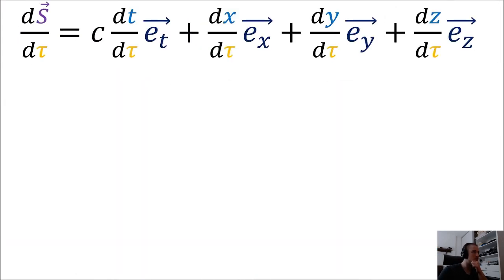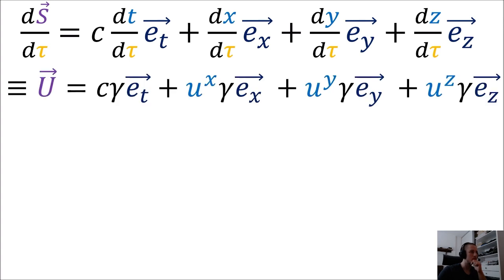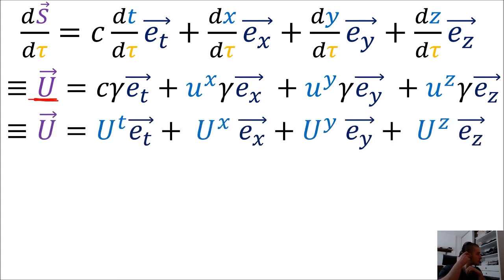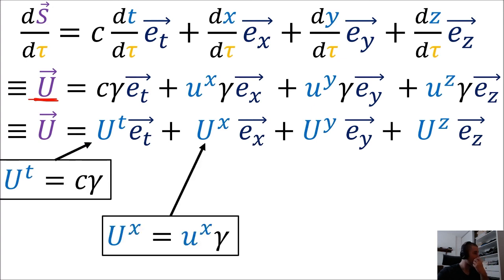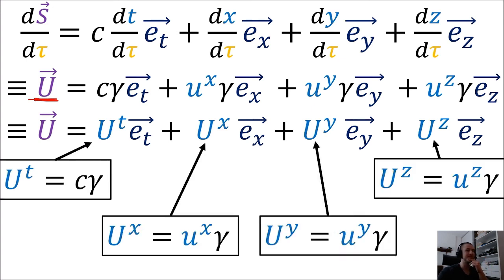So the derivative of the four-position s with respect to the proper time tau gives us a new four-vector called capital U, which is the four-velocity. The components of the four-velocity U are given by big U^t, big U^x, big U^y, and big U^z.